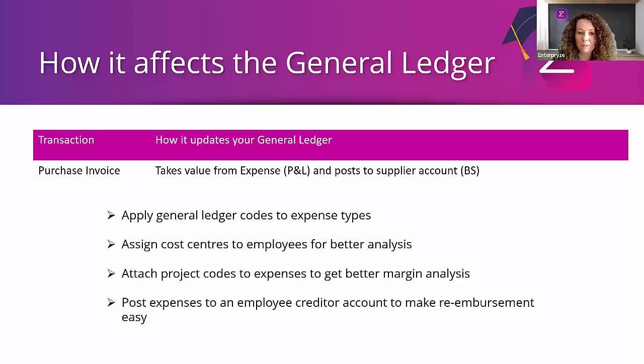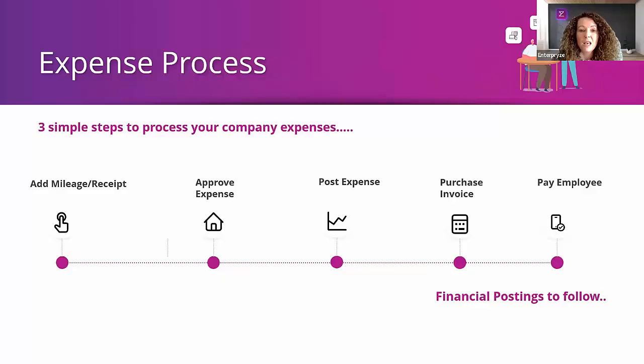Project codes as well. And of course, we defined a supplier account against our expense users. So that's where it's going to post the expenses to a creditor account, a supplier account. And again, to make reimbursement easier to track and trace through for the purpose of payments leaving the bank account as well. So just a quick overview of what that will mean from the automatic postings.